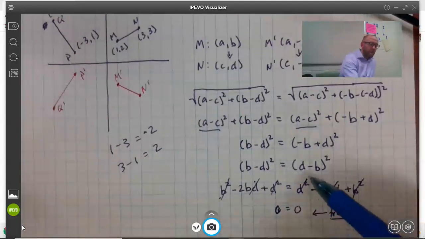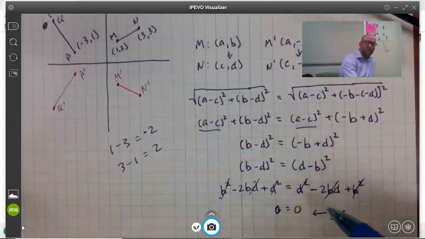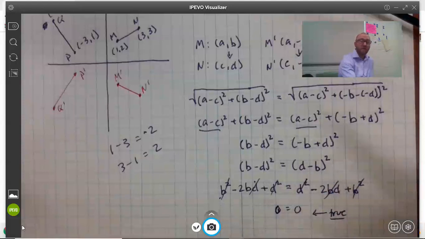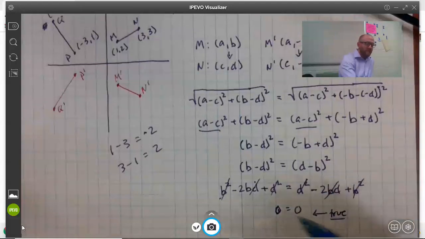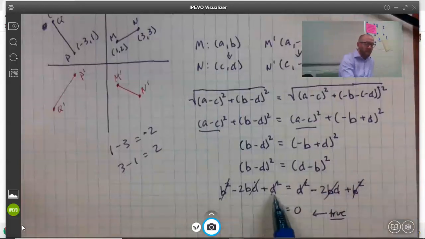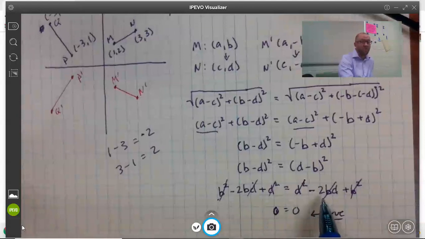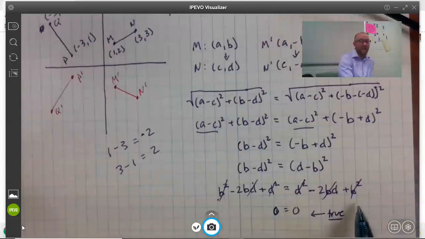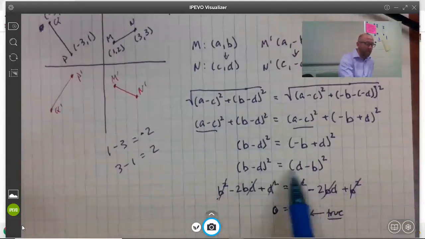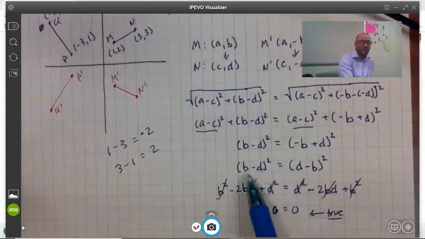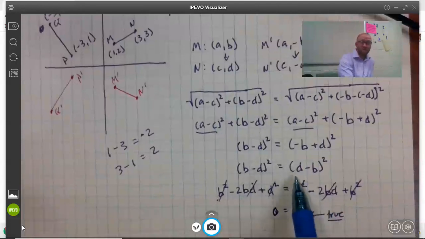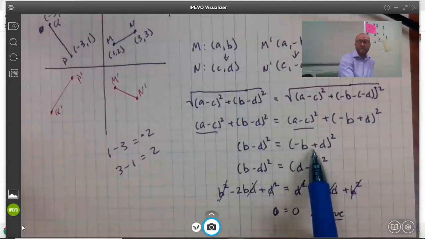And we could work backwards, and as long as everything that we do is algebraically sound, we're following the rules of algebra, if this statement is true, then I could add D squared to each side and it's still true. I could add negative 2BD to each side and it's still true. I can add B squared to each side, it's still true. I can rewrite these as these squared binomials, it's still true.